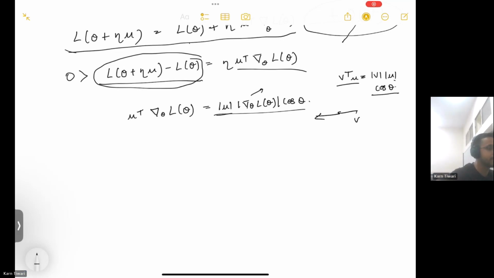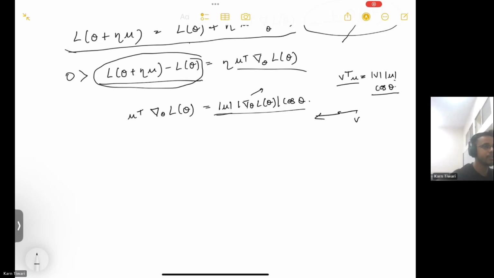We wanted to find the direction u, and the key thing we had is cos theta. It's just a control in our hand which we want to use to tune the value of u, in which direction we want to go. I hope this point is clear for you guys.